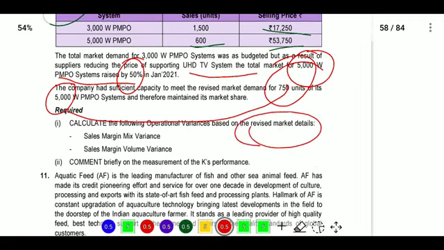Next, calculate the following operational variance based on revised market data. What is the revised market data? Actual will be 2100, budgeted will be 2000, and what is the revised quantity?